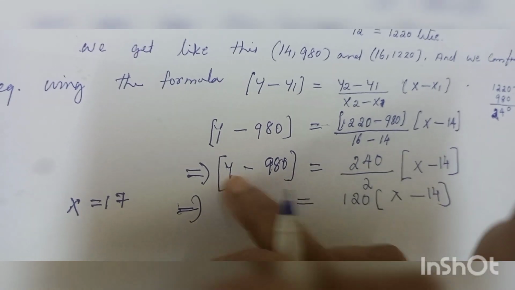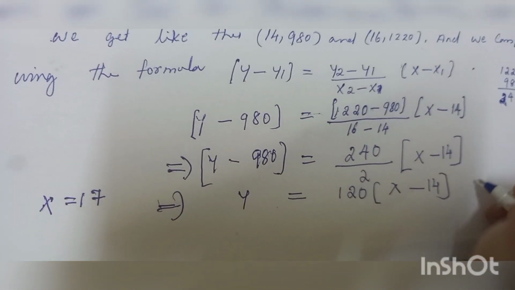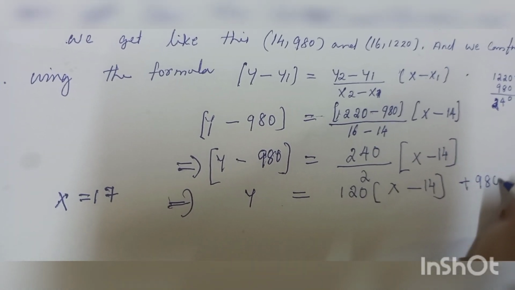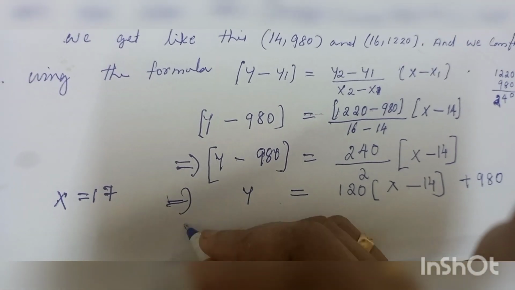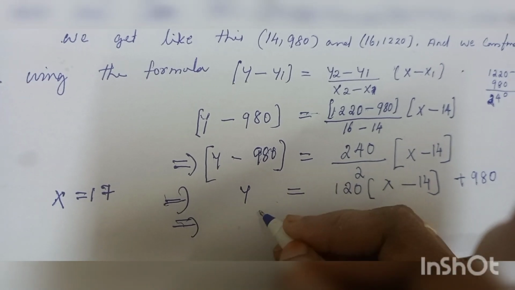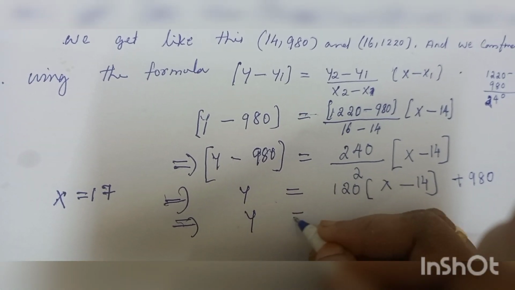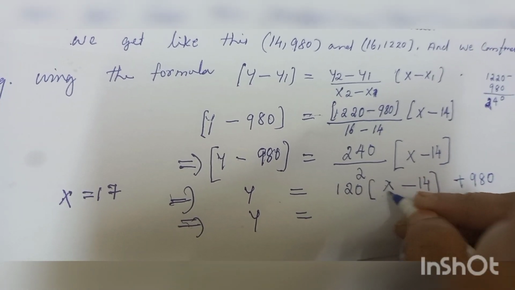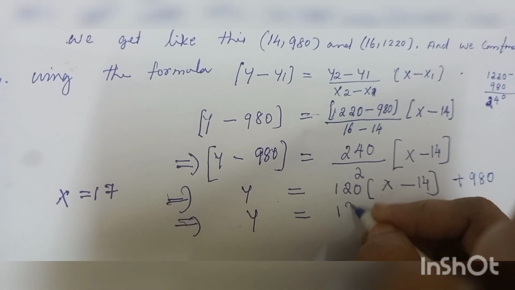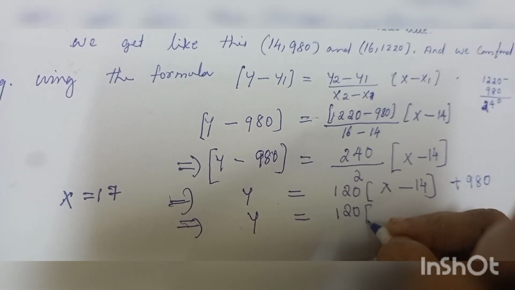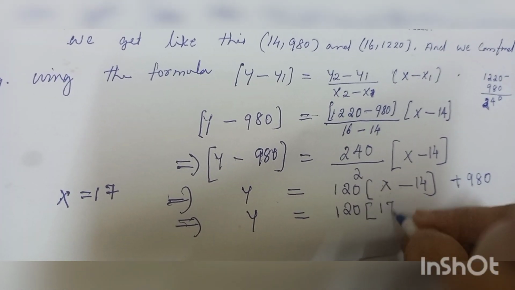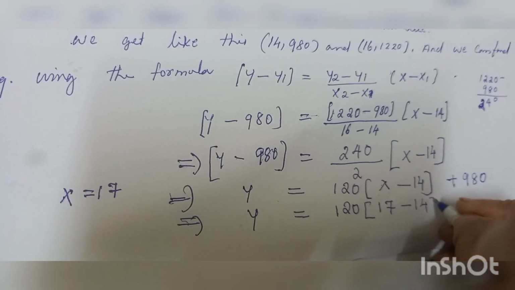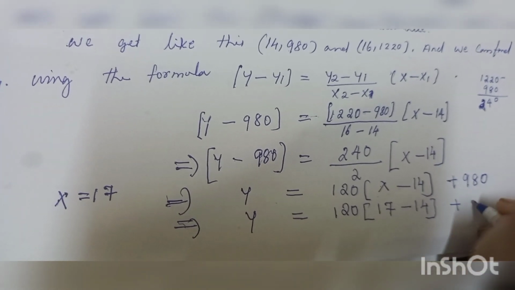Transposing 980 to this side, we get y is equal to 120 into x minus 14 plus 980. Removing the bracket, we substitute the value of x here. So 17 minus 14 we substitute here, plus 980.